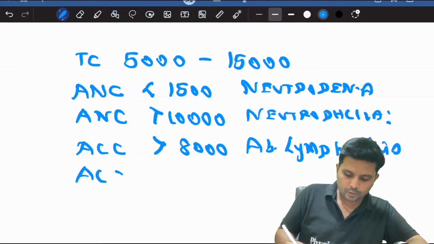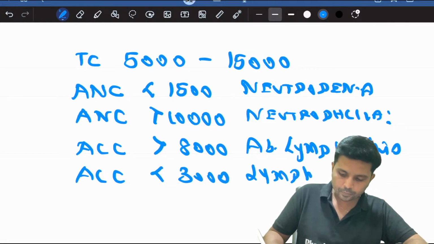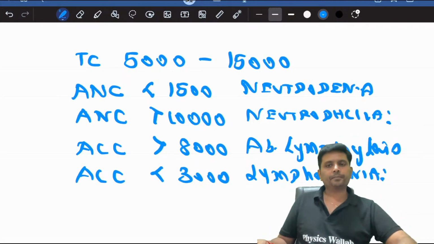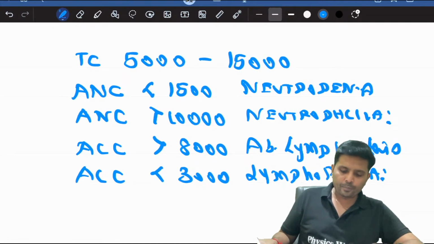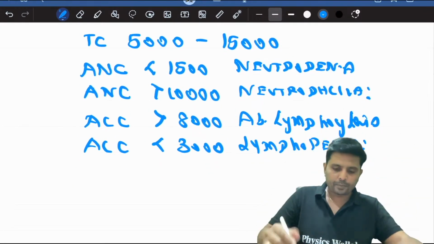Whereas an absolute lymphocyte count of less than 3000 in first year is called lymphopenia. This is what you need to know with respect to WBC parameter.